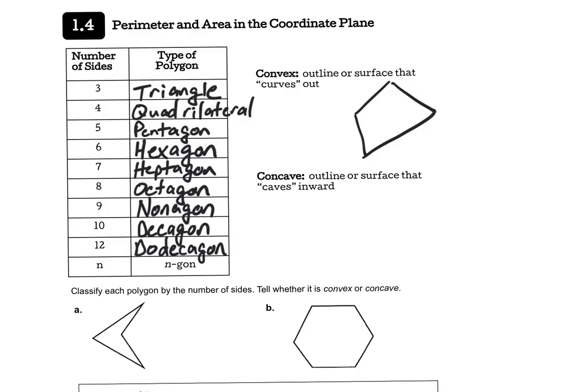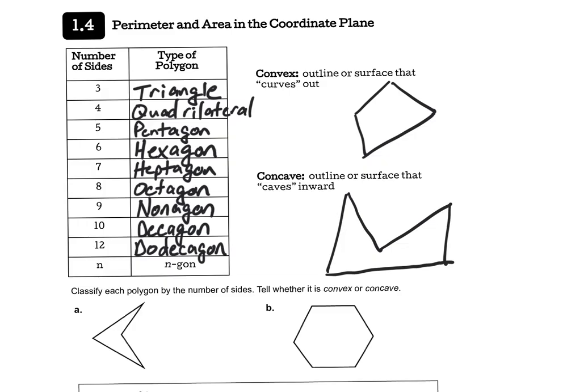Concave then has just the opposite look to it. It doesn't have to be all sides, but this piece right here, these two sides cave in, right? So when we think concave, two of the sides are going to cave in towards the middle.